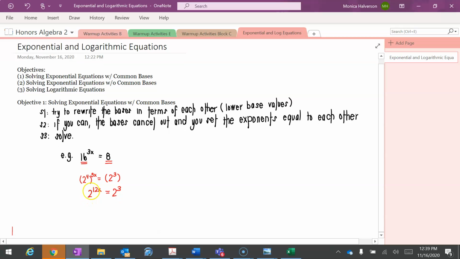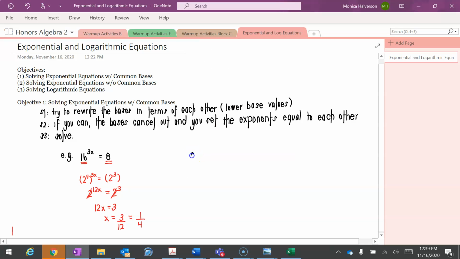Because the bases are the same, they cancel out, and we set the exponents equal to each other. And we get x is equal to 3/12, which is equal to 1/4. Now, once again, you can only lower base values. You cannot increase them. Okay?